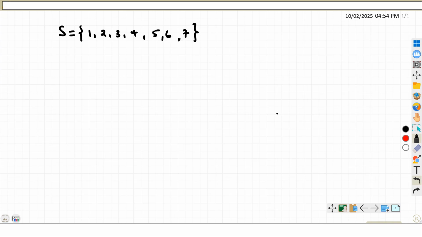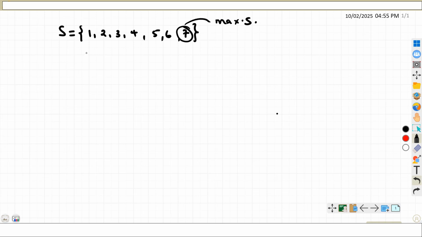You are looking for the maximum element, and we are saying that the maximum element must be an element of the set, meaning it must be one of these elements here, and it must be the largest. When you look at this, you realize that 7 is the largest element in this set. So 7 qualifies to be called the maximum of the set S.